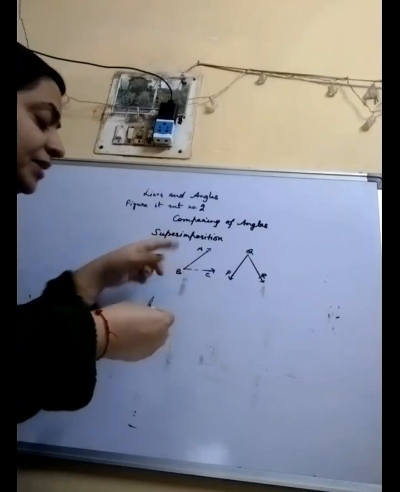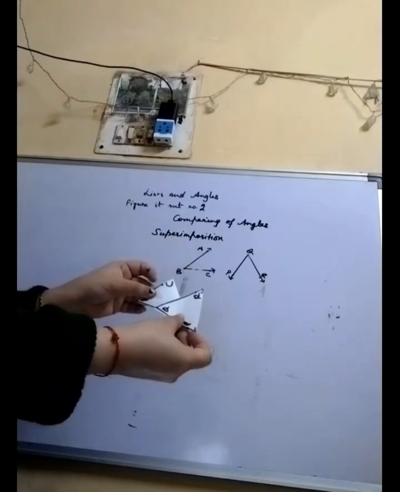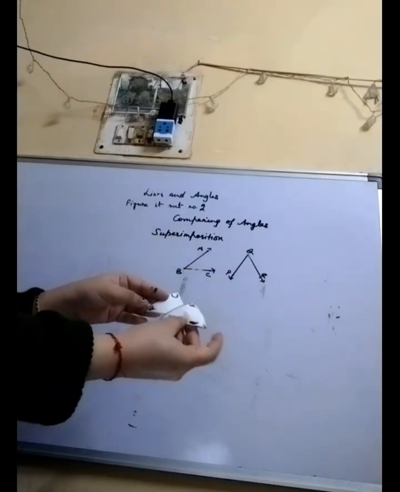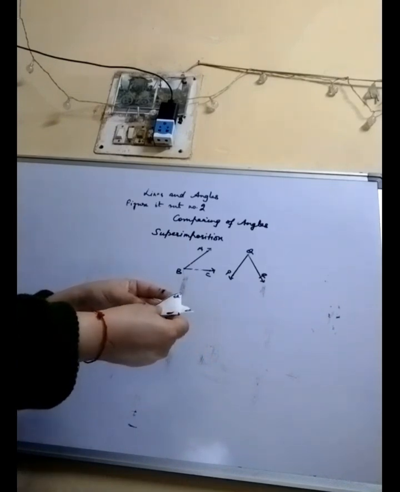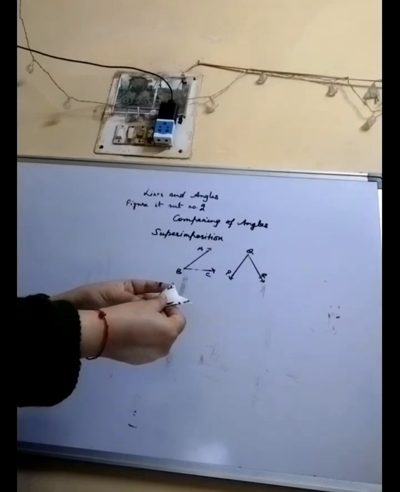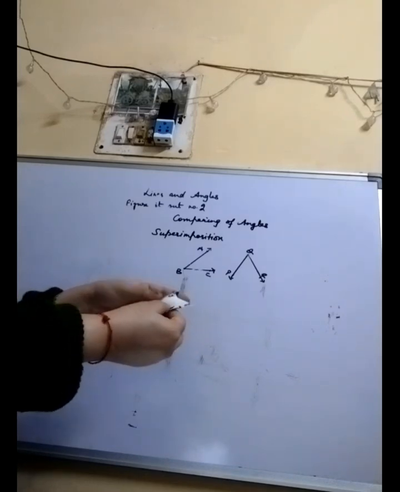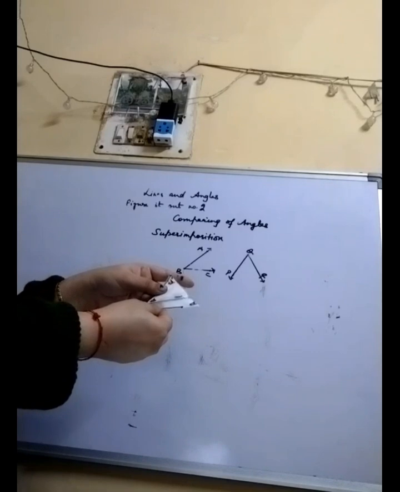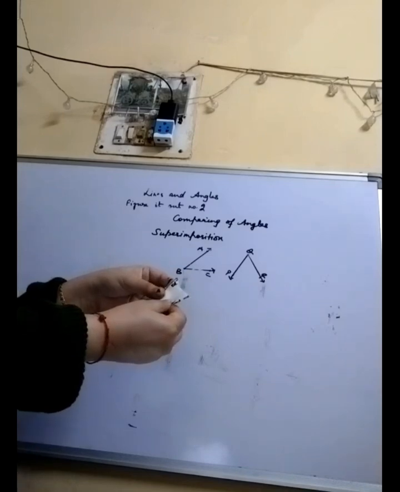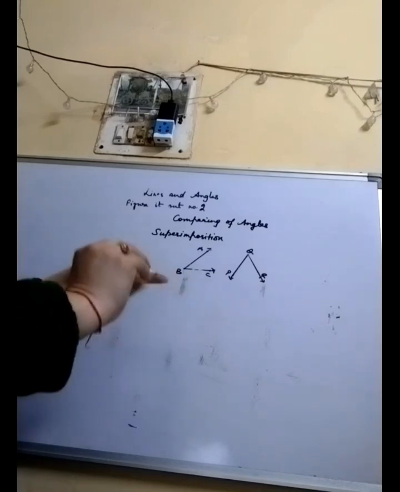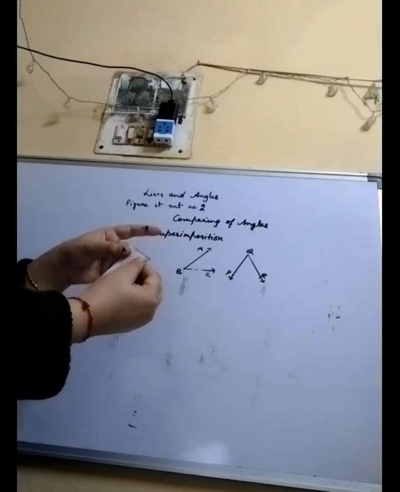Now what does this superimposition say? These are the two angles that we get using trace paper. Now put the vertex and one ray, here this is PQ and here this is AB, together and see if they are equal or not.